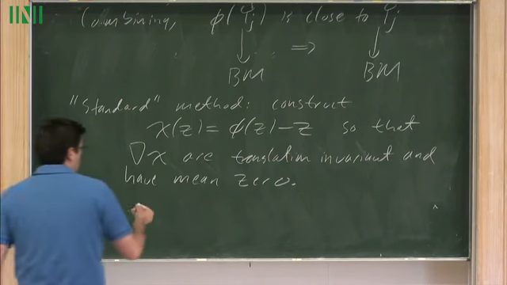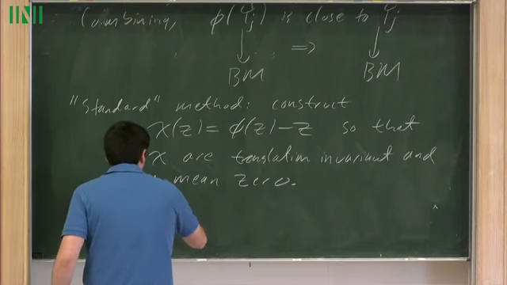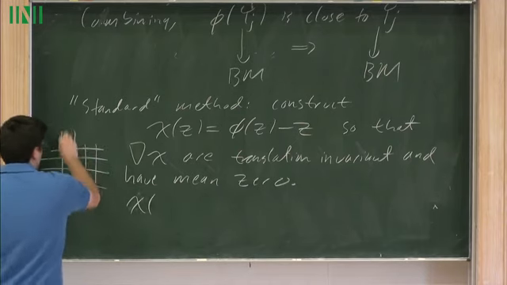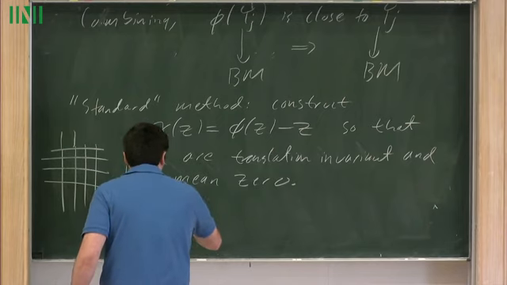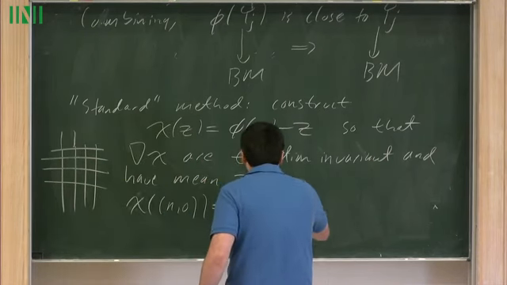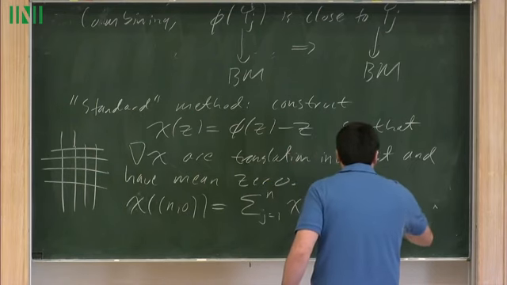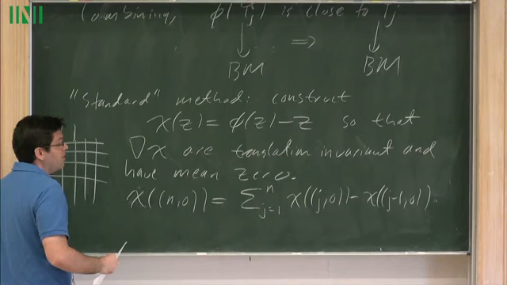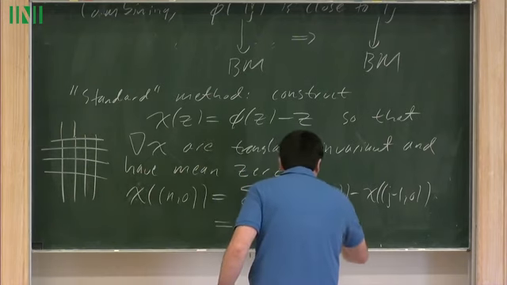growth, because then, if you look at chi, let's say you're in the two-dimensional integer lattice, and you look at this function chi at the vertex n comma 0, then this is the same thing as the sum j goes from 1 to n of chi of j comma 0 minus chi of j minus 1 comma 0, and this is now like an ergodic average, and therefore this is going to be little o of n as n goes to infinity.